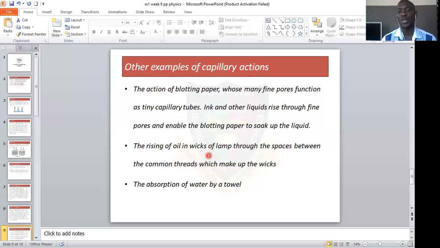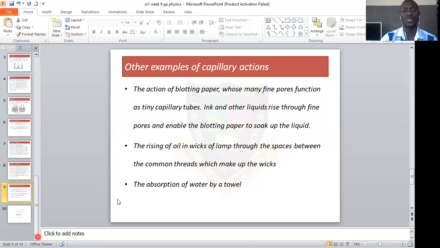So this is what we'll be looking at in this topic, that is capillarity, cohesion and adhesion. We all know why liquid rises in capillary tubes and mercury falls. The example is why water wets glass and mercury does not wet glass, because the adhesive force between water and glass is stronger than the cohesive force of the water molecules.